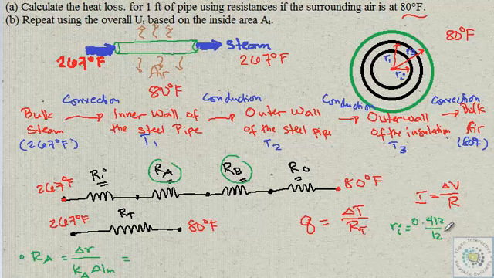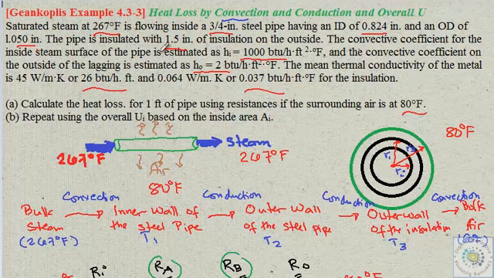R2, which is supposed to be the outer radius of your steel pipe, will be 0.525 over 12 feet, and R3 will be 2.025 over 12 feet, because we are also given that the pipe insulation is 1.5 inches thick.